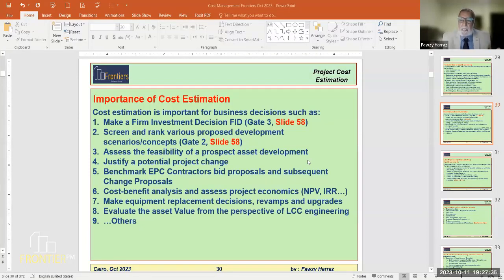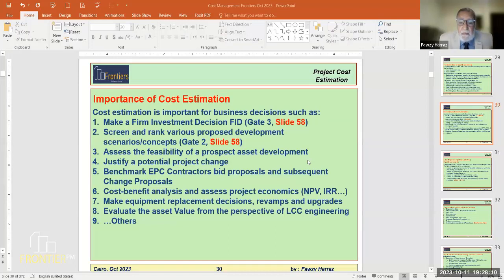So we consider replacing this car because the cost per kilometer is becoming much more than normal. And compared to a new car, the economics, the operation, and even the added value of new equipment is there. So this is one area where cost engineering supports making a decision. Is it valuable or rational or reasonable to make this decision?